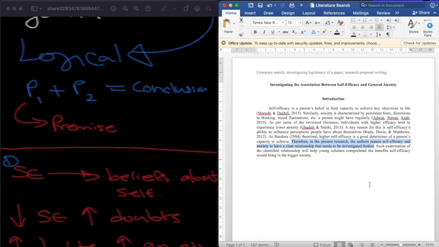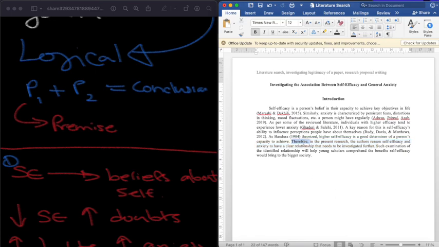We are saying self-efficacy and anxiety need to be investigated further because there's a clear relationship. But if I just say this statement all of a sudden, without giving the previous information, the first few sentences, then you will not believe what I say. Maybe self-efficacy and anxiety has a good relationship, but when I say it, you might not accept it.